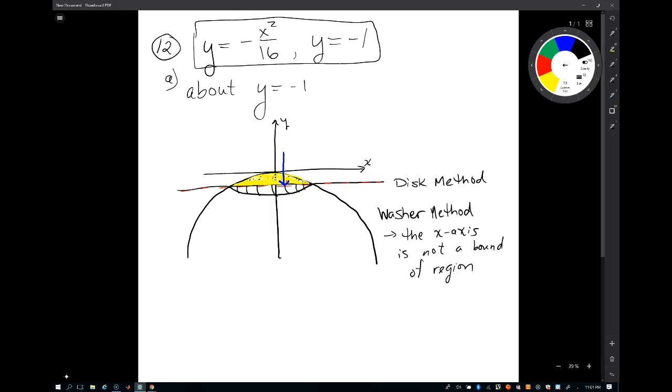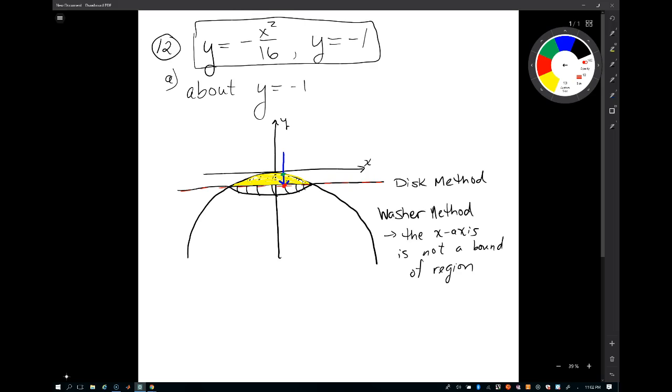To decide which one to write first, you always draw a line that goes through your region and points towards your axis of revolution. And the function that it hits first is going to be the one that you write first in your integral. And the function it hits second, you're going to write second.